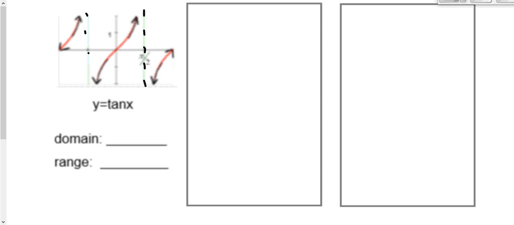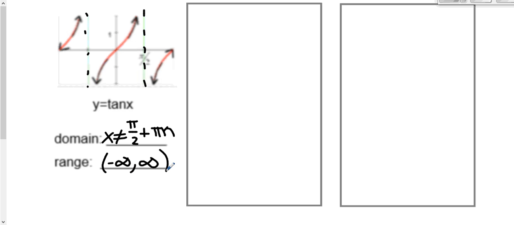So we have everything but pi over 2, negative pi over 2, 3 pi over 2, etc. So x is not equal to pi over 2 plus pi times n. That will allow us to add a pi over 2, 3 pi over 2, 5 pi over 2, 7 pi over 2, etc. And what about the range? Well, it goes from -infinity to infinity.